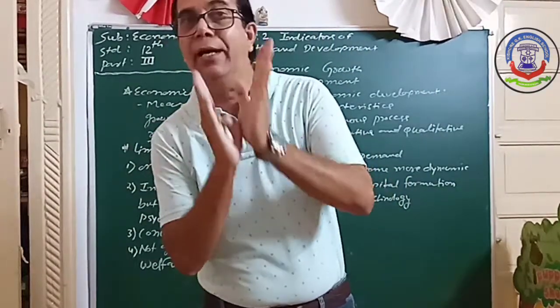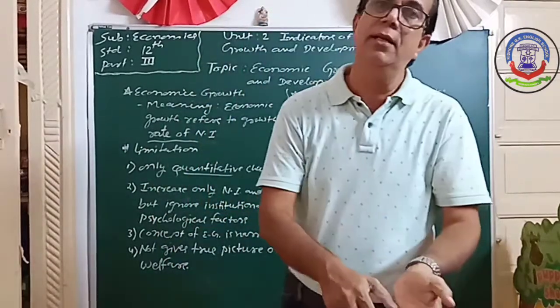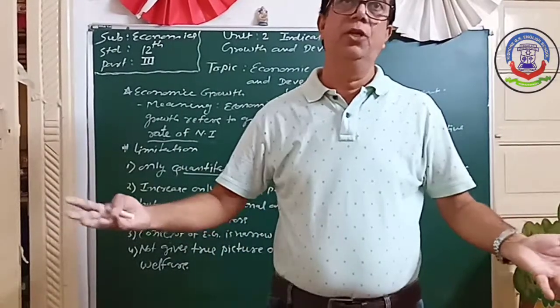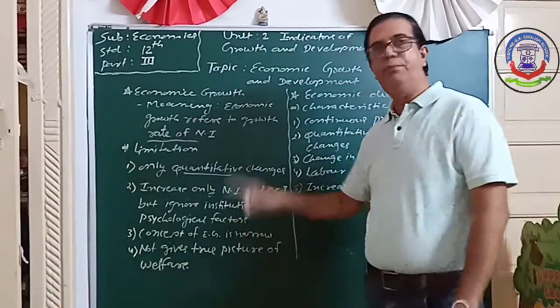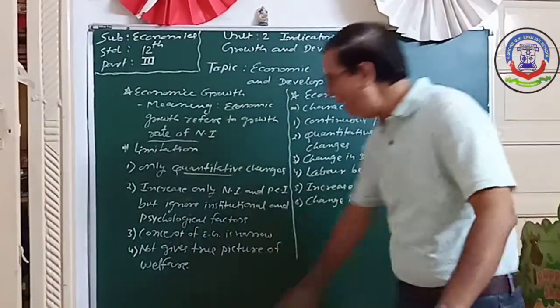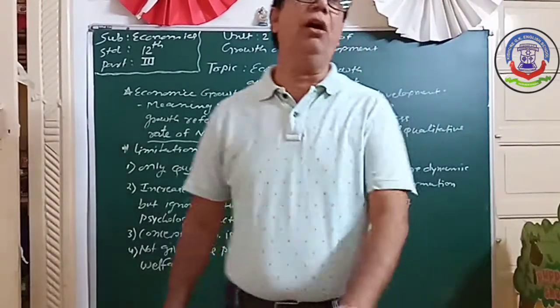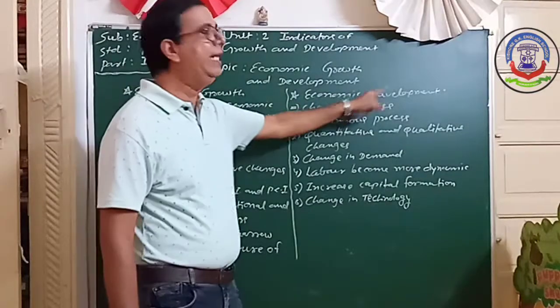No doubt income increases, but you use that income to purchase arms and ammunition, some projects. So we can't say that if national income and per capita income increase, your welfare also increases. We can't say. So these are the limitations of economic growth. Now economic development.